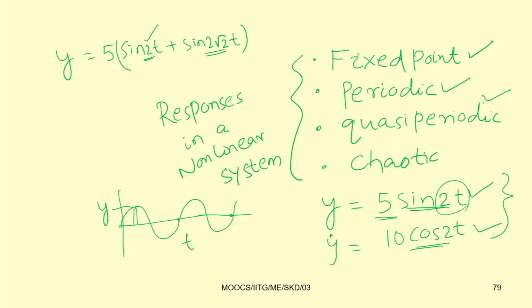Here the frequency is 2, here the frequency is 2 root 2. That means the ratio omega 2 by omega 1 is an irrational number. In this case it is equal to root 2.